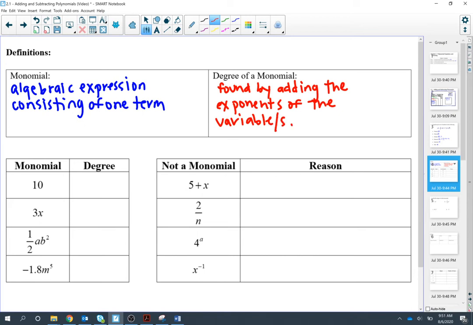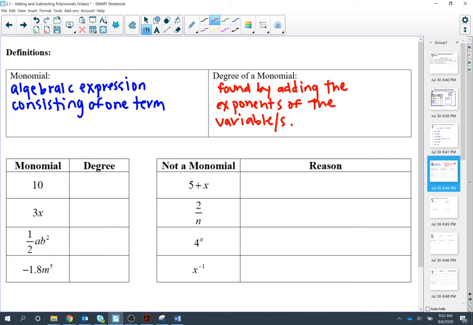Keeping in mind, variables are x, y, z, a, b, c. So if you're looking at 10, that doesn't have a variable, it's just a constant number. But if you look at 3x, that has a variable, it's x. So when we're looking at just monomials, those are all monomials, okay?